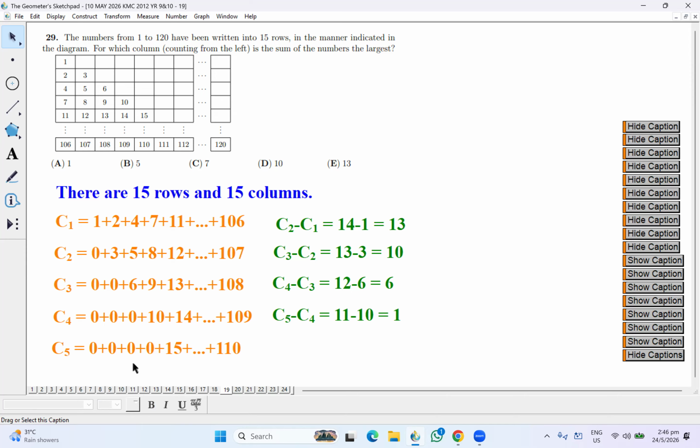Then this one, C5. With 4 terms of 0, it is 11 times bigger, 11 times 11. Then it loses out the 10, so the gain is 1. Then you can see that the next one is going to be negative.